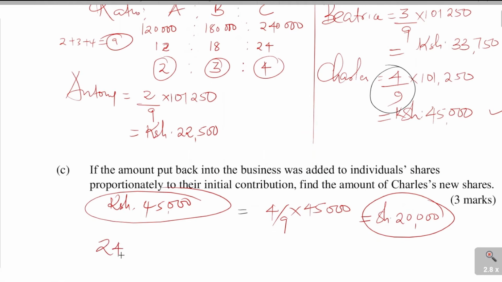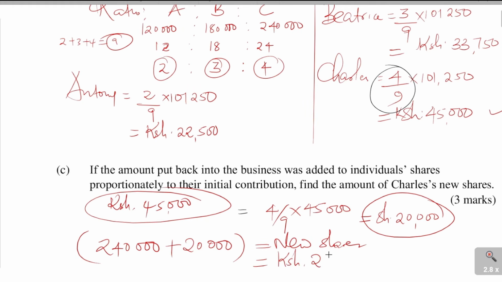And then there are these new shares that have been added, that is 20,000. So you add 20,000, and this will give 260,000. So that is the amount of Charles' new shares. And that is how you're supposed to solve that question.